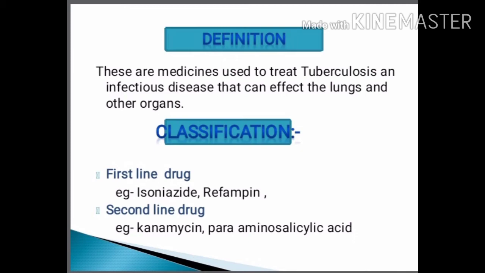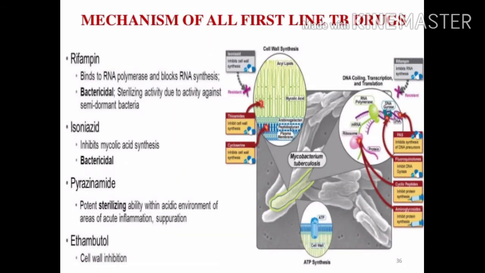So let's see the mechanism of action of isoniazid. As you know, isoniazid is bactericidal. As I already explained before, it inhibits the synthesis of mycolic acid, which is an important component of the mycobacterial cell wall.